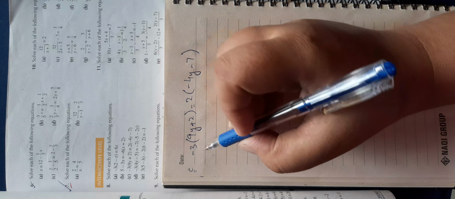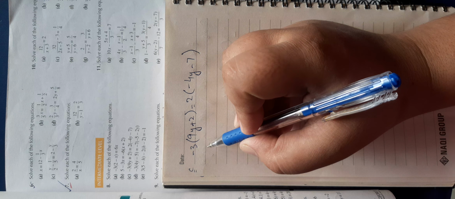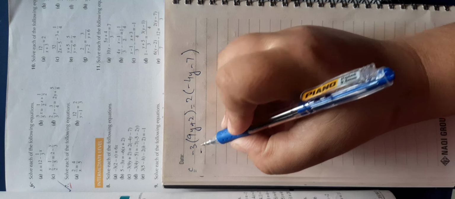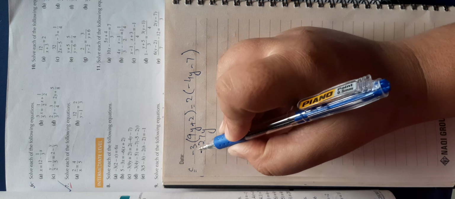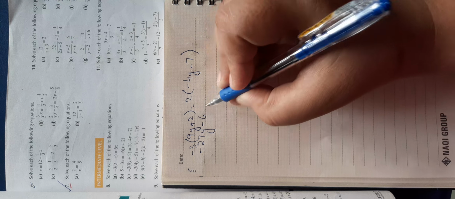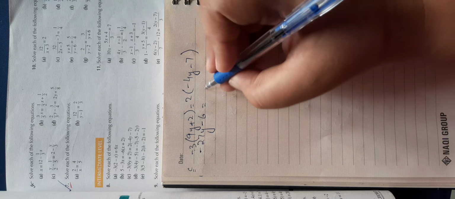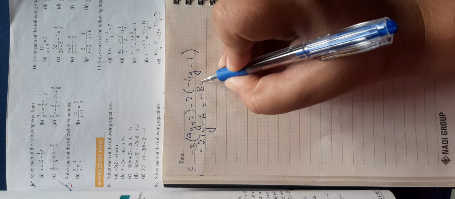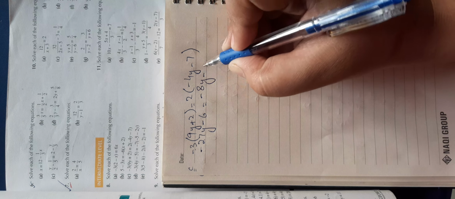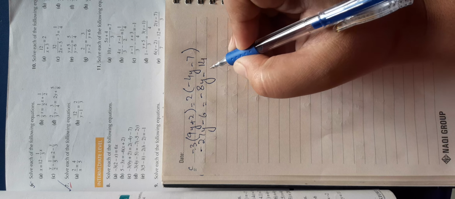Now we are going to solve them. Minus 3 into 9, we take the product, and it will be minus 27y, minus plus minus 3 into 2 is 6. Then 2 into 4 is minus 8y, and then minus plus minus 2 into 7 is 14.